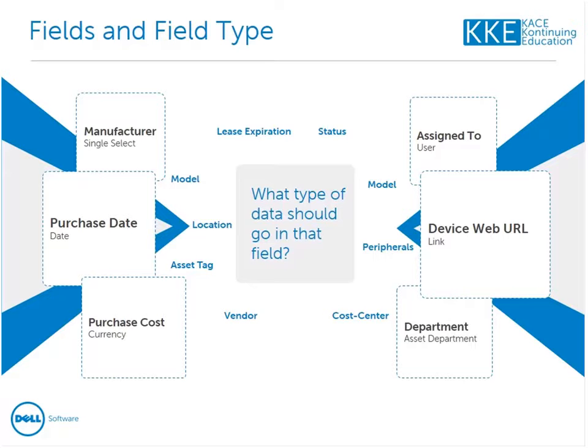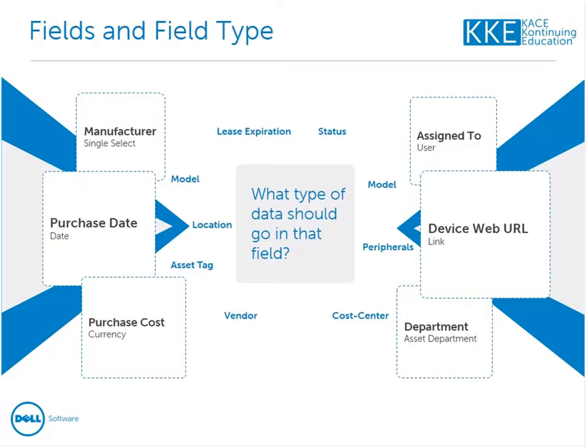If you put in a text field and then typed in the date, 5-5-15, we're not going to be able to parse that because it's not technically a date field in our database. It's just text. You can look at it and parse it in your head, but a computer can't. So we need to make sure it's a date field.